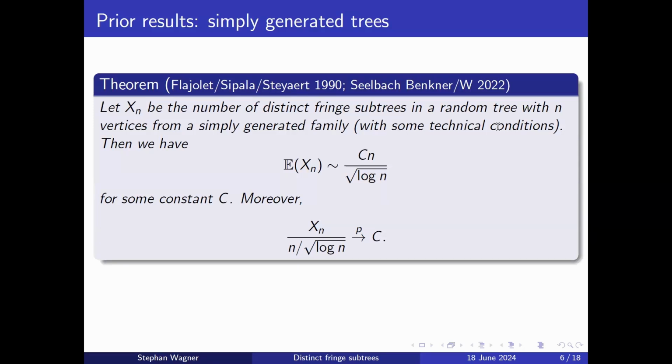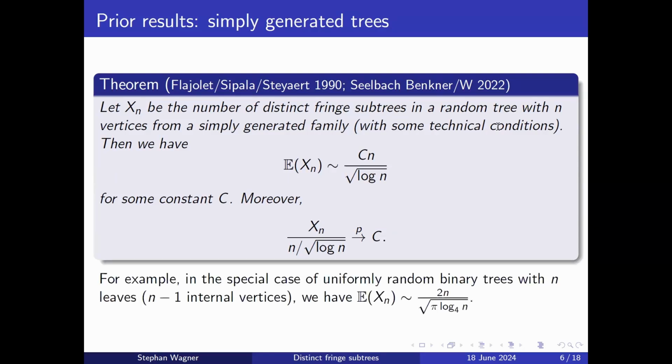In all these cases, the expected size of the minimal DAG, or the expected number of distinct fringe subtrees, is constant times n divided by the square root of log n. And later, Luisa and I also proved this convergence in probability, which wasn't in the original paper. Right. So this is for simply generated families of trees, which include, for example, uniform binary trees.